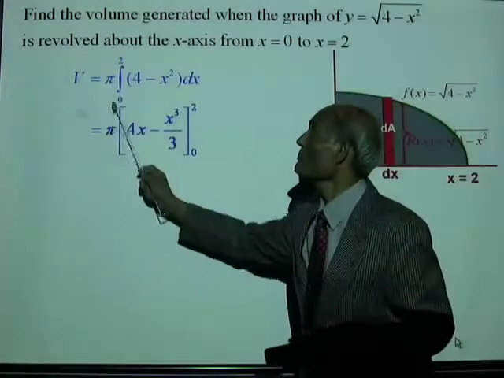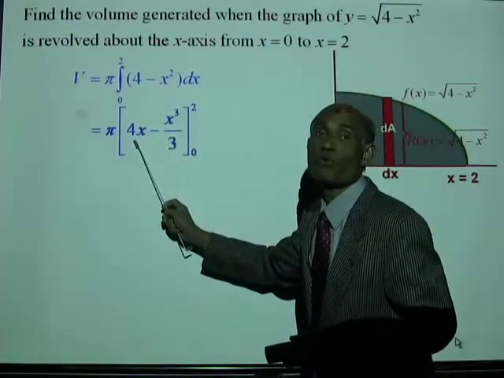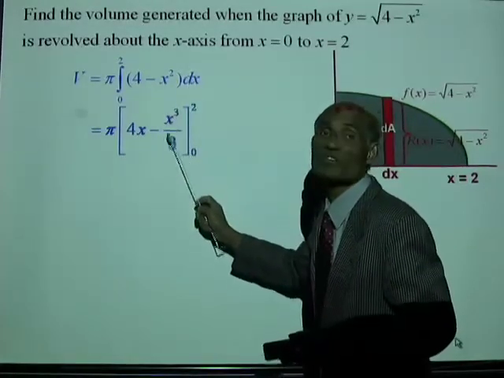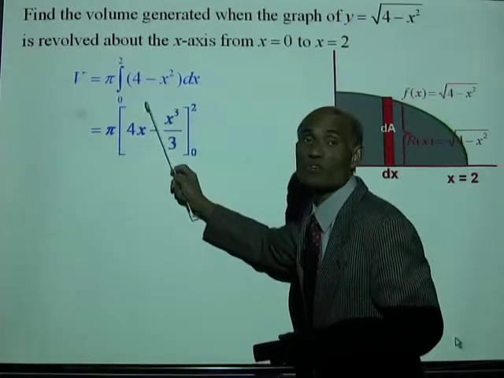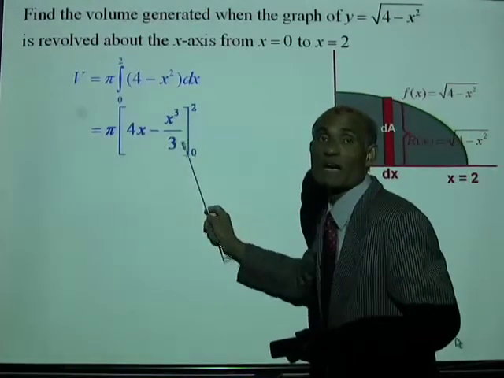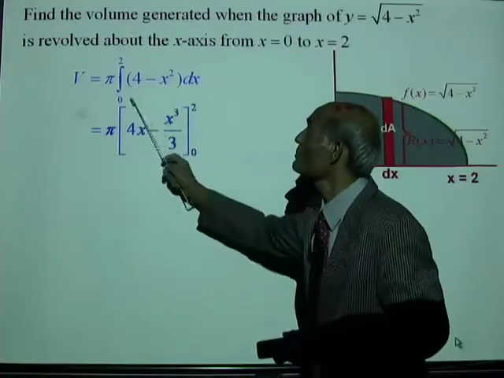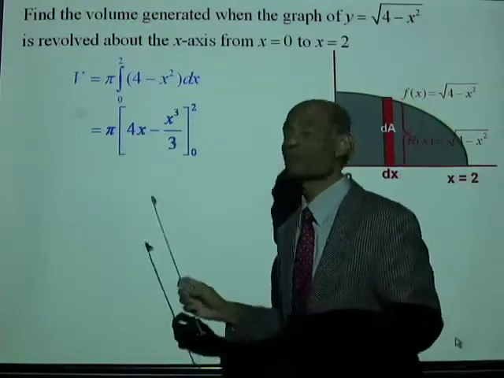So that will be pi times integral 4 dx is 4x minus integral x squared dx is x cubed over 3. So we integrated. Once you finish integration, put that with the limits shown like this. The lower limit is 0, the upper limit is 2. What's the next step?